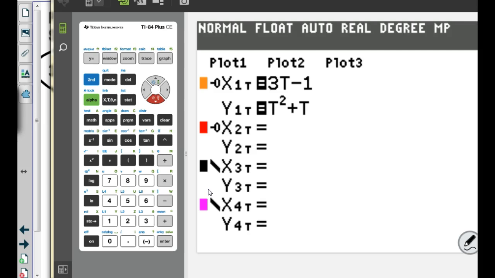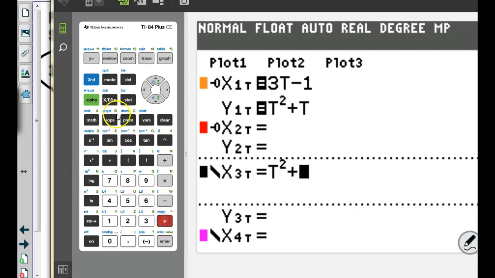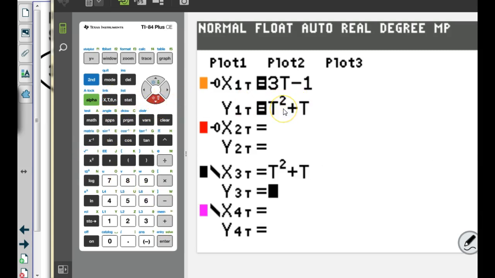What are we going to put in for the x? There was a rule for x and a rule for y. When you're doing inverses, you do what? Switch them. So our new x rule is going to be t squared plus t, because that was the old y rule. And the new y rule is the old x rule, 3t minus 1.